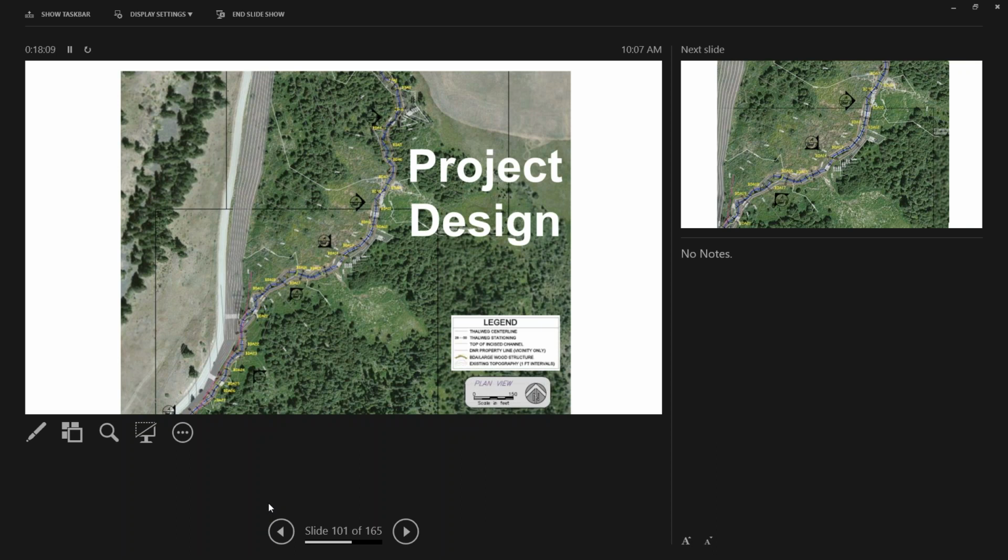I just feel like it's important to not be afraid to fail in this kind of context. On a project scale reach, you're adding roughness, you're adding structure, you're giving the stream structure to do its work.